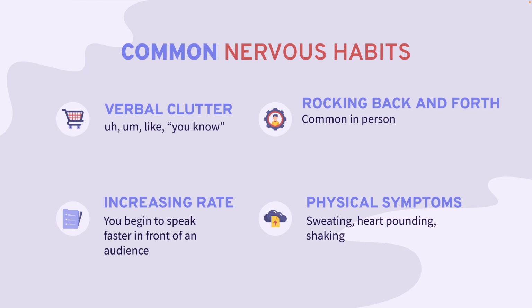So, common nervous habits that you will experience if you are experiencing stage fright can be one of these four things. The first being verbal clutter. This is where folks will utilize phrases like "like," "you know," or "as I said." Filler phrases is what we call them.